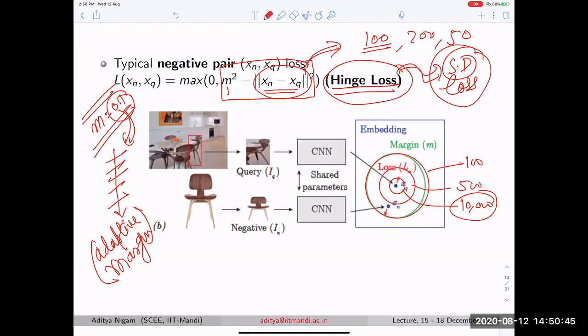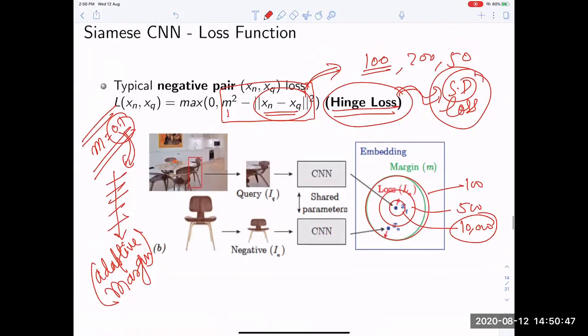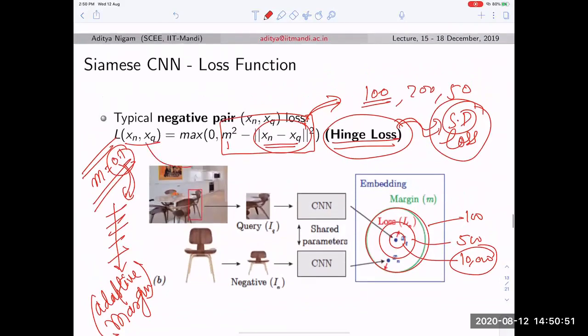Margin and loss are not directly related, but they are indirectly related. If your margin is high, your loss is also high, because you will have to maintain a very big distance between positive and negative. So several times it is difficult.